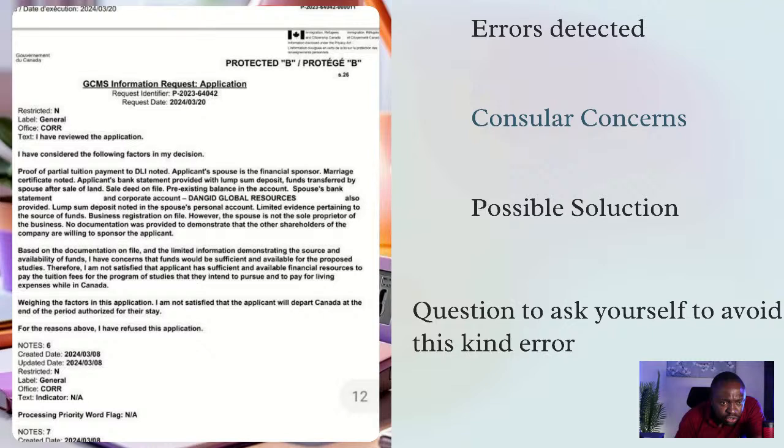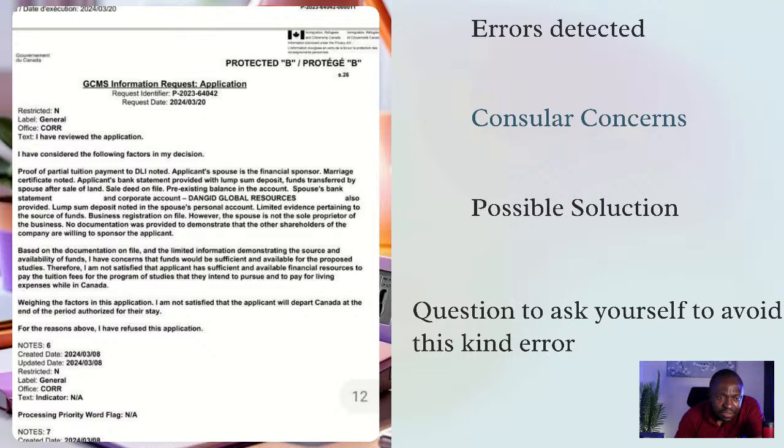Limited evidence pertaining to the source of funds. Business registration on file. However, the spouse is not the sole proprietor of the business. No documentation was provided to demonstrate that the other shareholders of the company are willing to sponsor the applicant. Based on the documentation on file and the limited information demonstrating the source and availability of funds, I have concerns that funds would be sufficient and available for the proposed study.